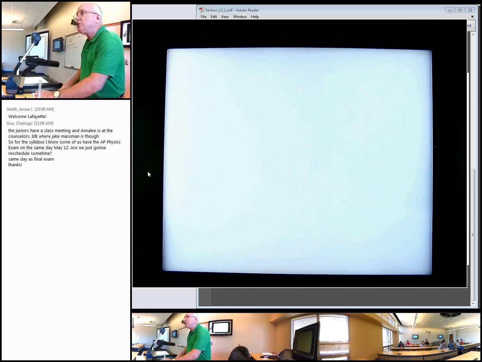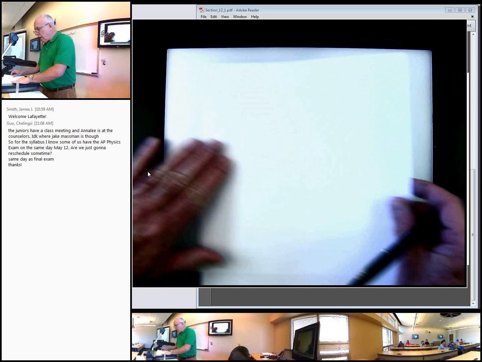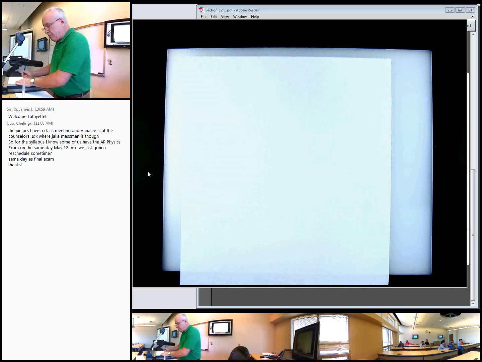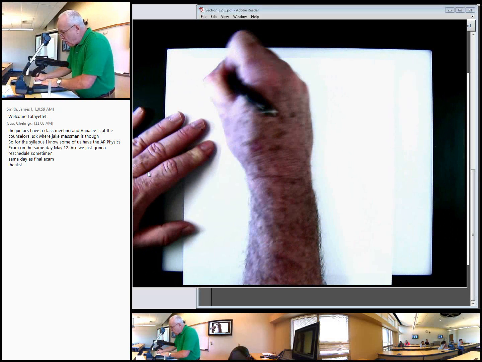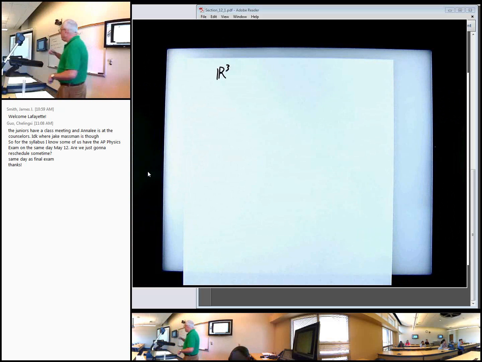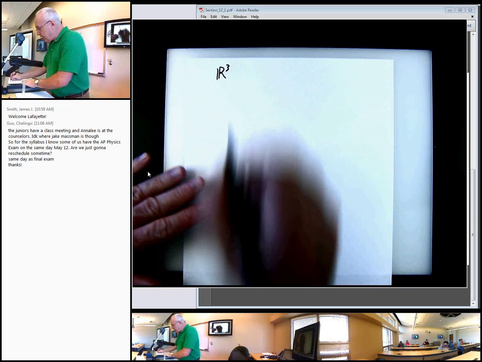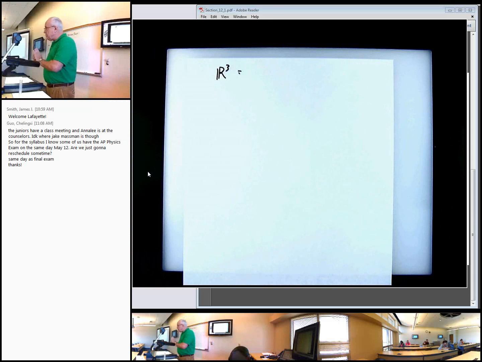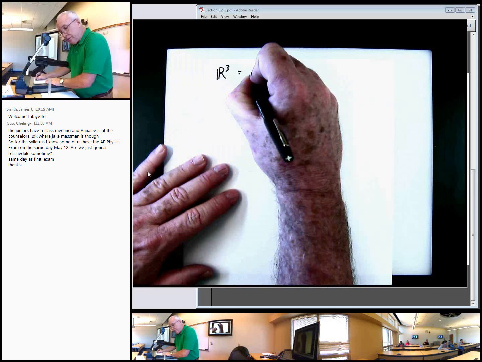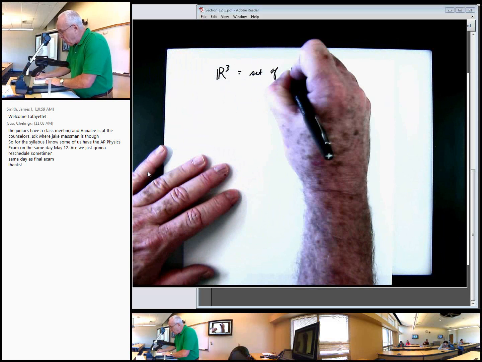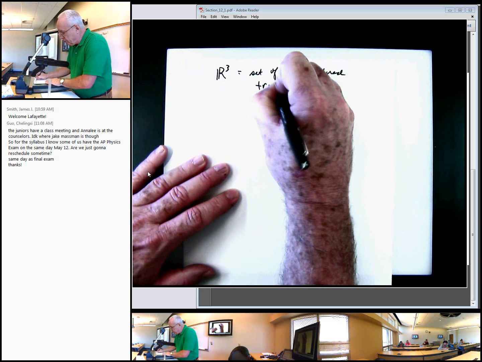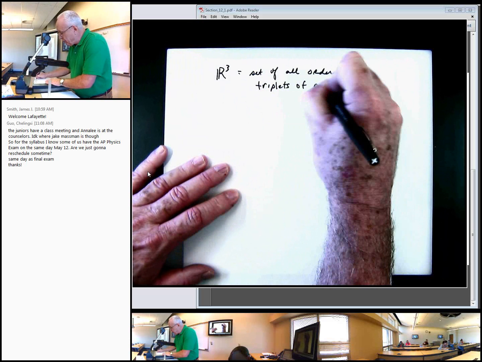A couple of notational things. You may or may not have seen this in your first couple of semesters of calculus. R3, and that R has another little line off to the side of it. So capital R3 really means the set of all ordered triplets of real numbers.